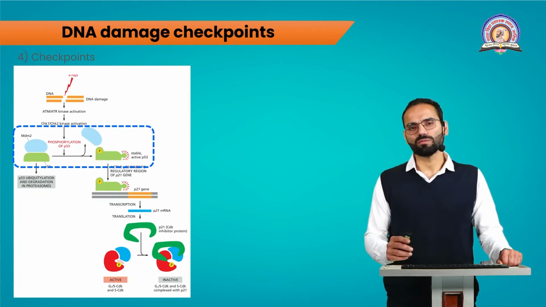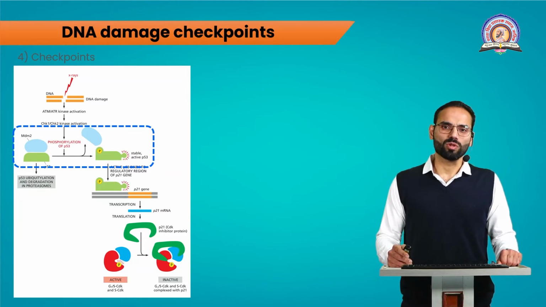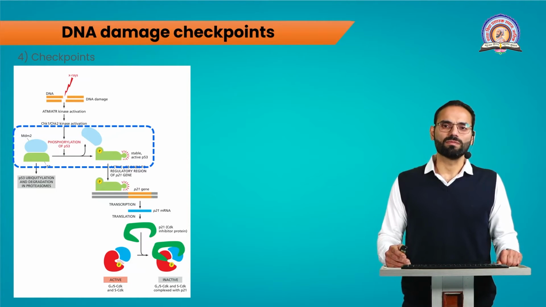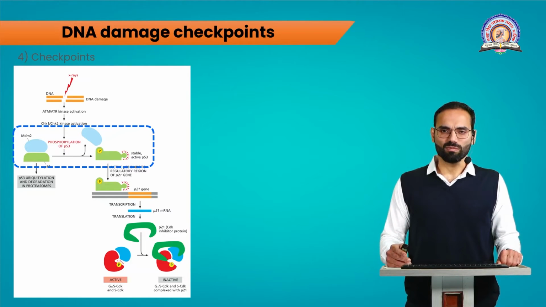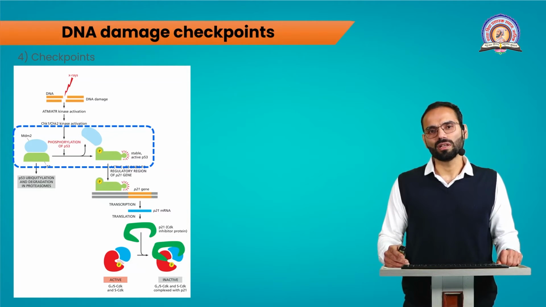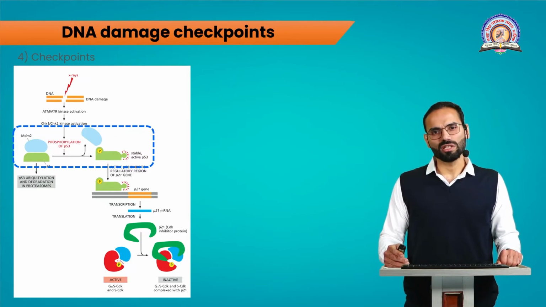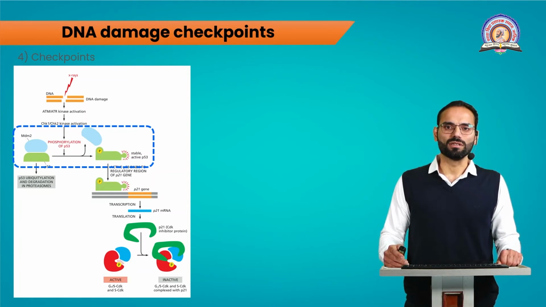So what is this MDM2 protein? MDM2 is an inhibitor of the p53 protein. In a physiological state, p53 is bound by an inhibitor, that is MDM2. So in order to activate p53, MDM2 needs to be removed, and this is taken care of by CHEK1 and CHEK2, which phosphorylate MDM2. The degradation of MDM2 results in activation of p53.